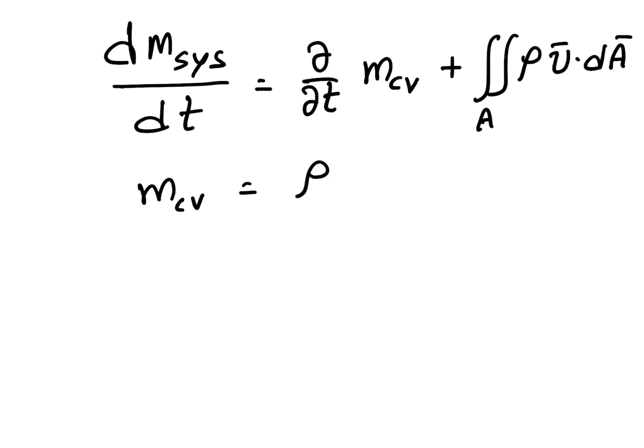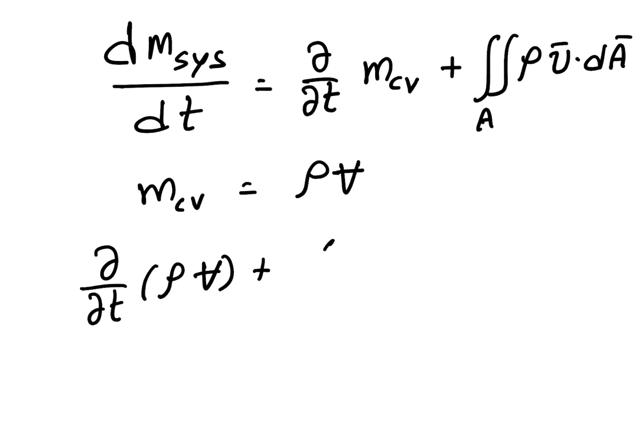That is the density of the fluid times the volume occupied by the control volume. So you can simply also write this as rho times volume plus the integral over the area of rho times v dot dA.